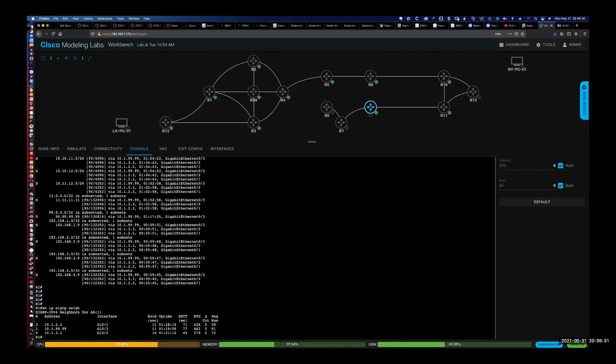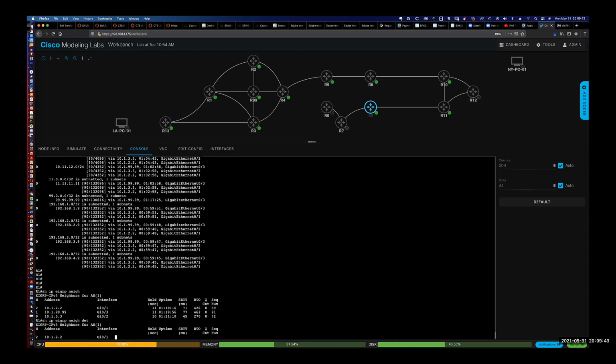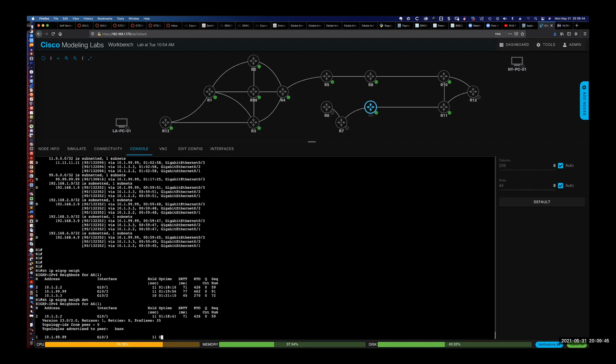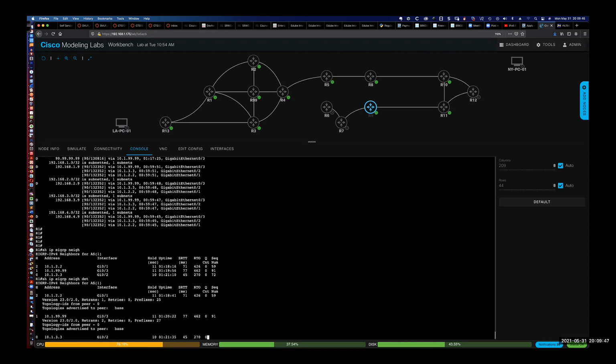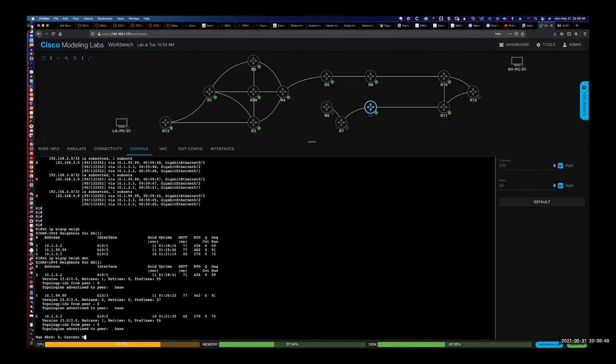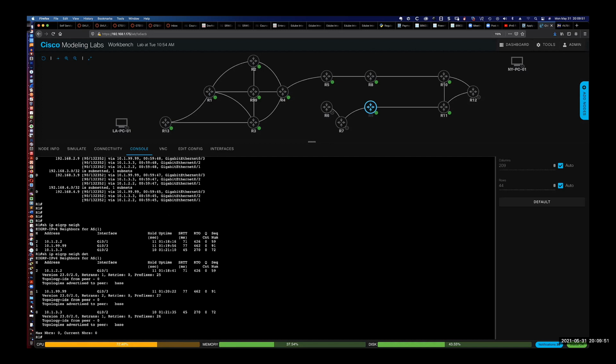You could also say show IP EIGRP neighbors detail. Now, this is a great command that you will not find in Packet Tracer. And so I always like to show this command because it shows you the same information initially, but then you get some additional information that gets added in, right? It'll show you topology IDs from the peer. It'll show you the version of the EIGRP software.